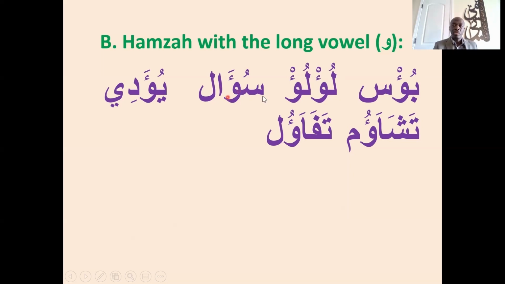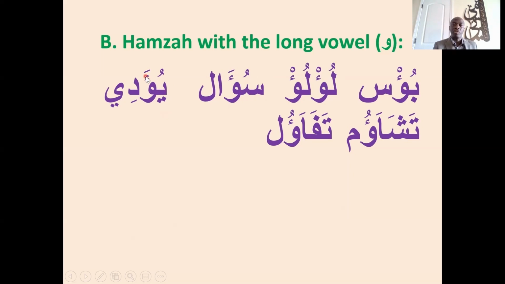Su'al is question. We have to take a look at the hamza, and the hamza in this case has the fatha, and the letter that precedes the hamza has the dhamma. So the dhamma is stronger than the fatha, then the dhamma dictates the letter waw as a seat for the hamza. Yu'addi is to lead, like to lead to something.